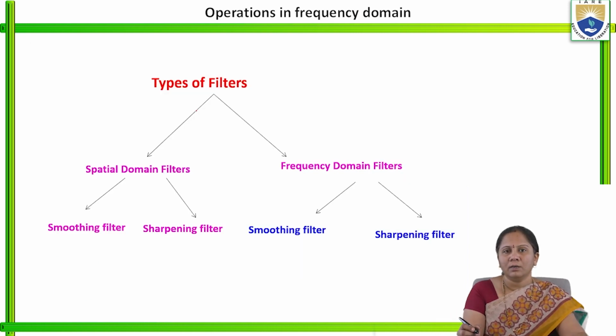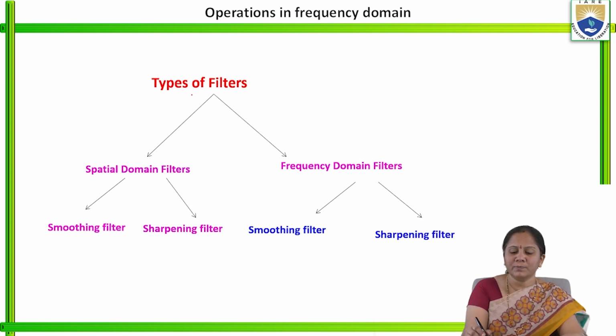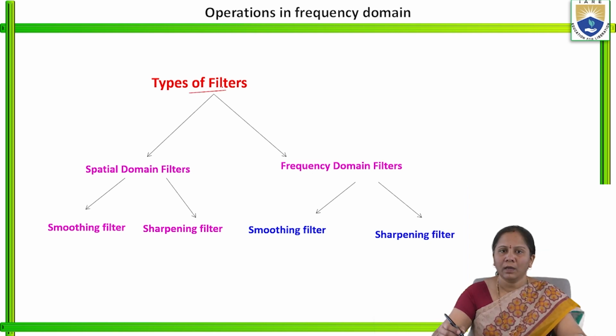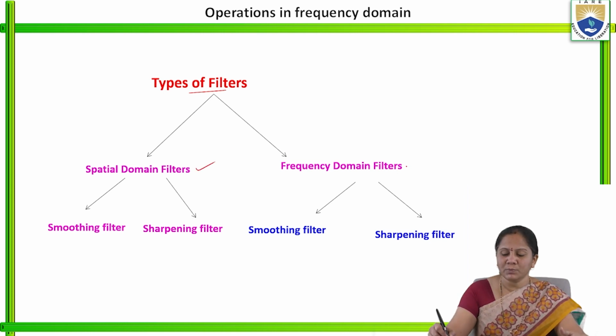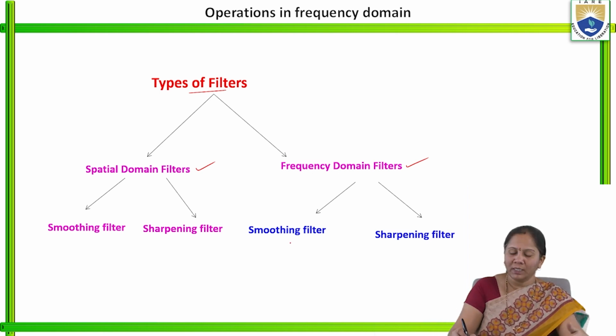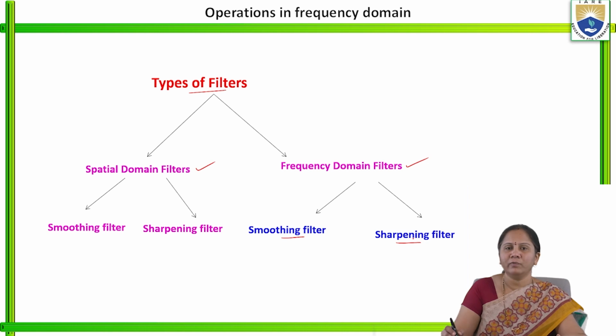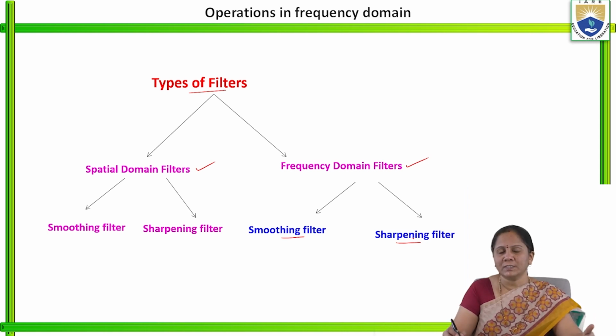In the upcoming sessions, we are going to learn about different types of filters. The spatial domain filters are already completed. In the upcoming sessions, we have to learn about frequency domain filters. There are two cases, smoothing filter and sharpening filter. We have seen just the classification.